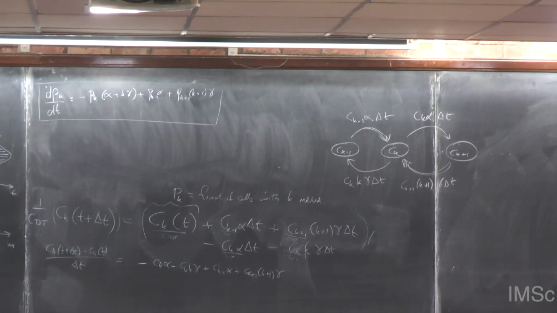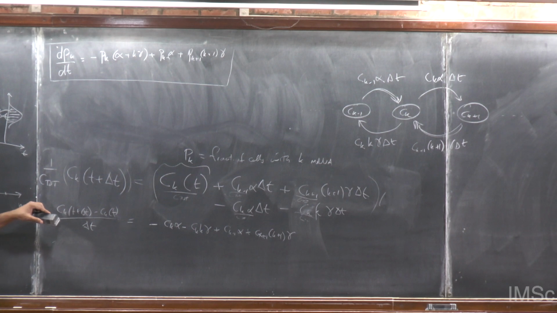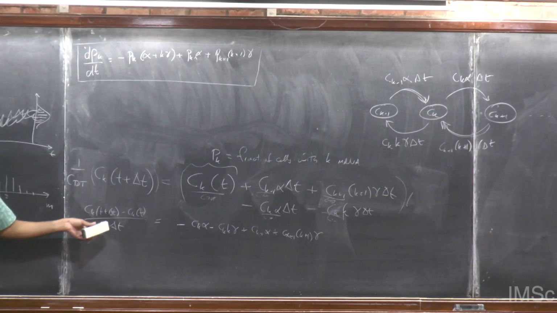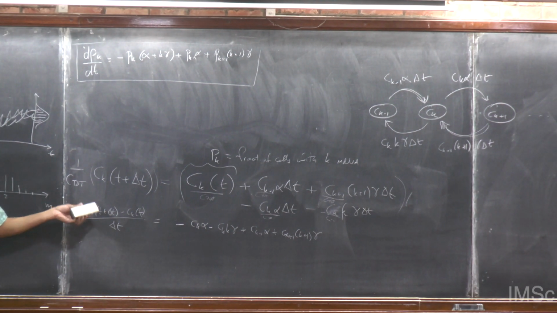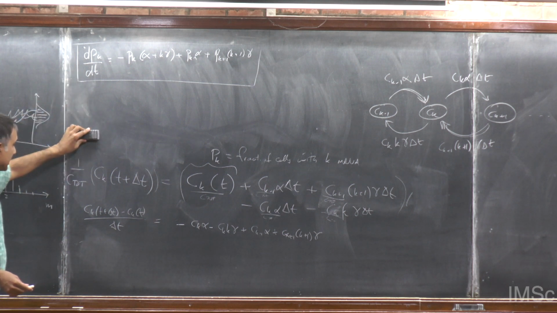Okay. I've just taken this, I've replaced the left side with a derivative because I can do that, and I've just replaced the C's with P's. The C's are the total number of cells, the P's are the fraction of cells. You can do that just by dividing by the total. Okay. So that equation is an important one.